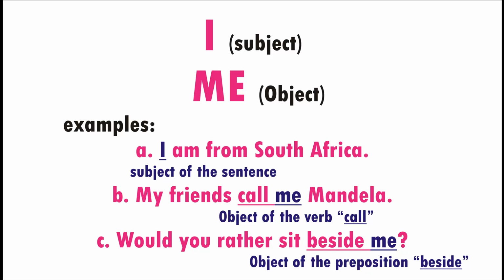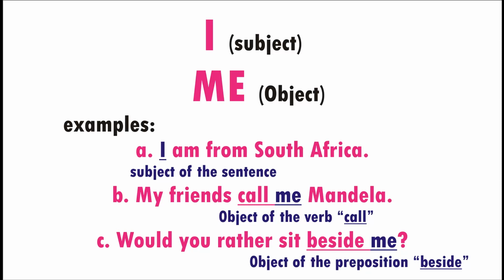Now, for us to be able to differentiate where to use I from where to use me, you would realize that if you put the pronoun I in the place where me is supposed to function, the sentence naturally sounds redundant. And if you put the pronoun me where I is supposed to function, the sentence does not really sound well.